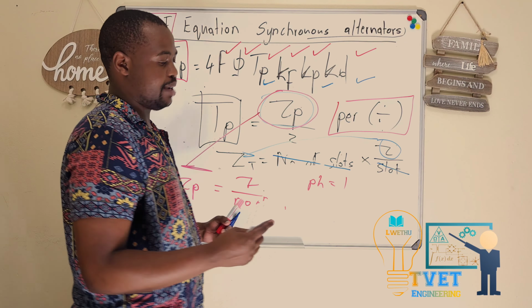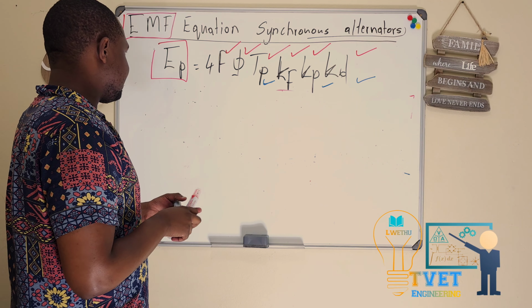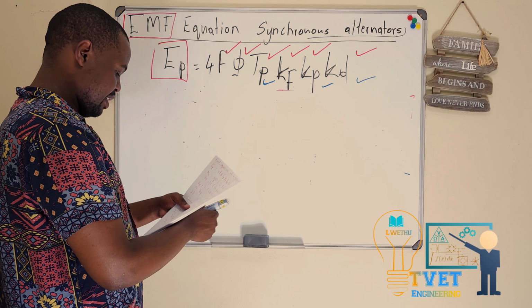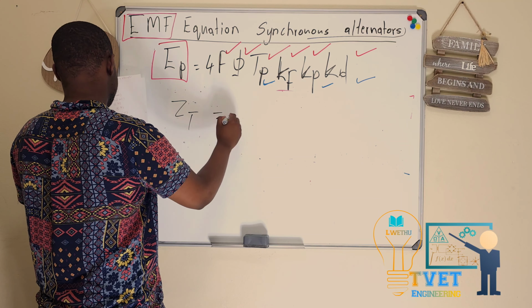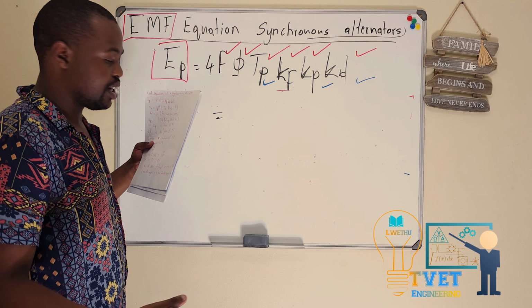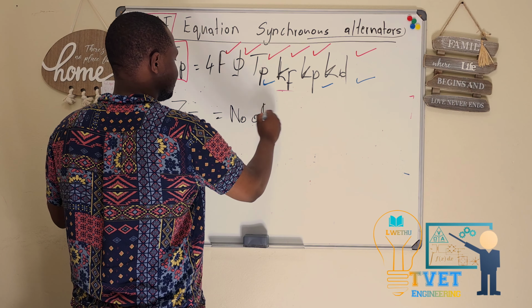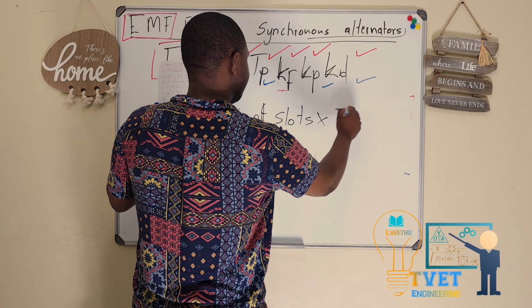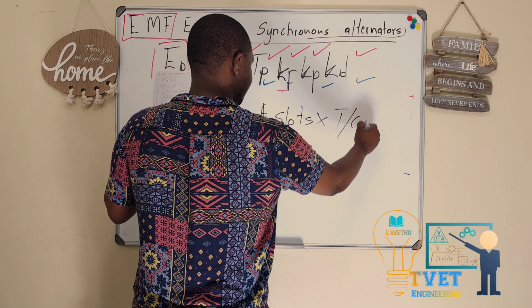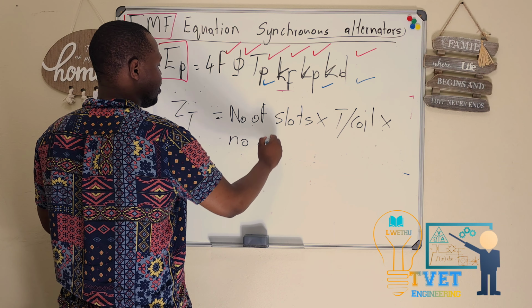Then the last formula we are going to look at is another way to calculate Zt. Zt is the total number of conductors, which is the number of slots times turns per coil times number of layers.